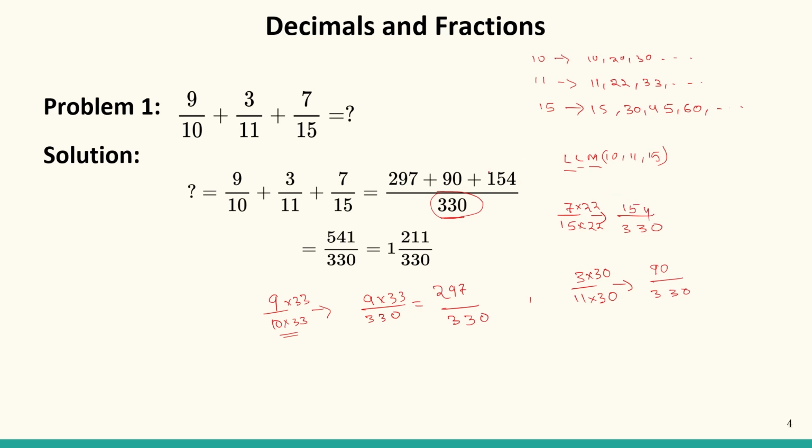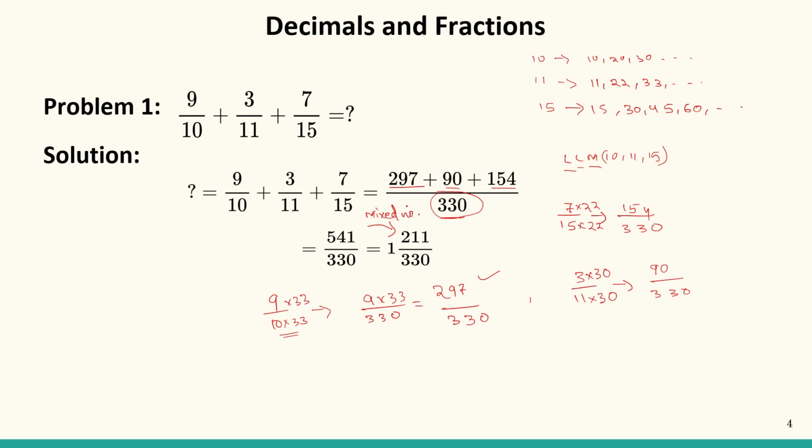That is what you can see right here: 90, 154, 297, right? Then we converted it into a single fraction and then changed it into a mixed number.